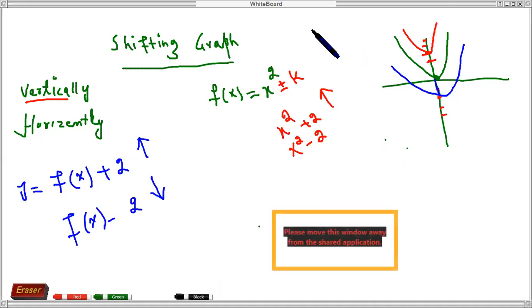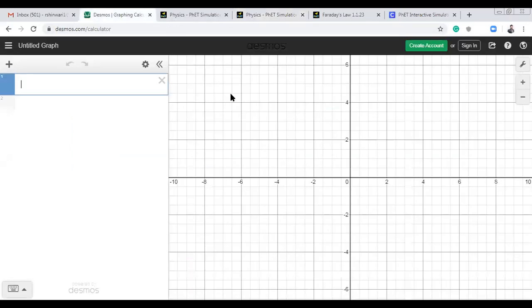Let me share the calculator again. Now you can see this graph calculator, visible to you guys?